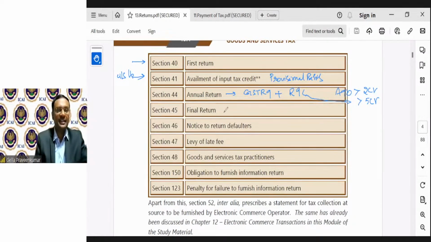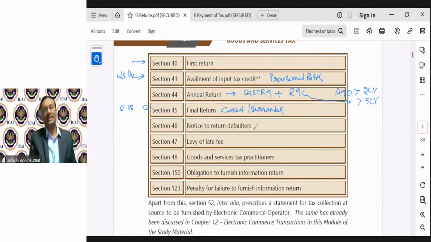Section 45 deals with your final return. This is a provision connected with Section 18, where I reverse my input tax credit when I cancel or surrender my registration. Why do I file this return? For the purpose of payment of tax, that is, input tax credit on your closing stock.